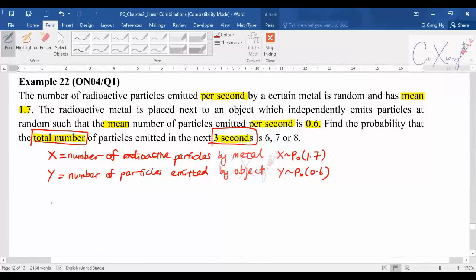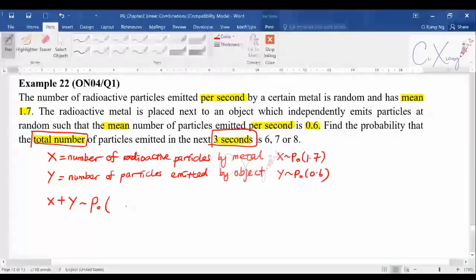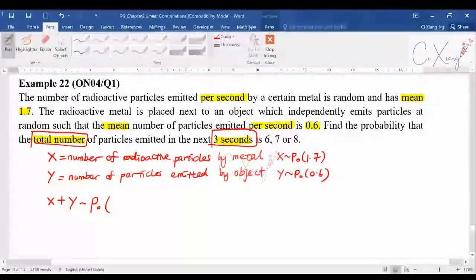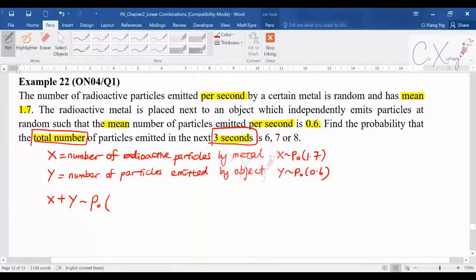Okay, so total number means that when you write out the Poisson distribution, it will become X plus Y. Total number means X plus Y, right or not? Then it is still Poisson distributed. Then now you need to write in the mean. So how to calculate the mean? Just now you have 1.7 and 0.6, but 1.7 is for 1 second, 0.6 is also for 1 second.